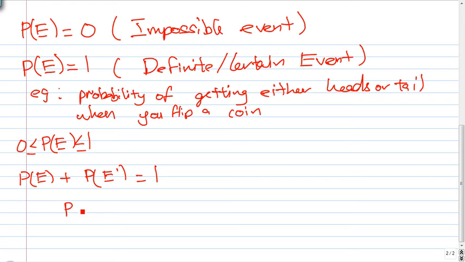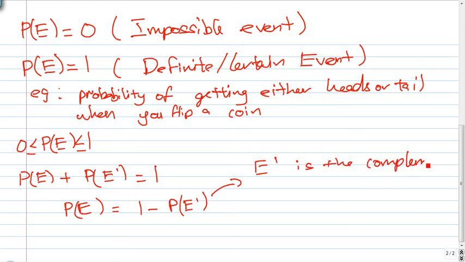So the probability of an event occurring is actually 1 minus the probability of the complement of the event. Here, E' is the complement to event E.